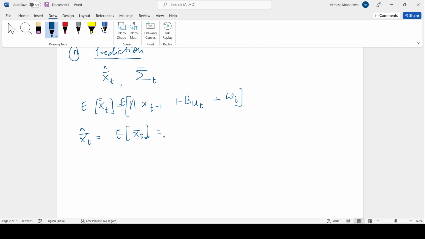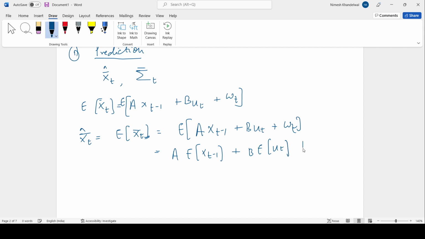So essentially this is the expectation of A x_{t-1} + B u_t + w_t. Since expectation is a linear operator, I can write this as A times expectation of x_{t-1} plus B times expectation of u_t plus expectation of w_t.